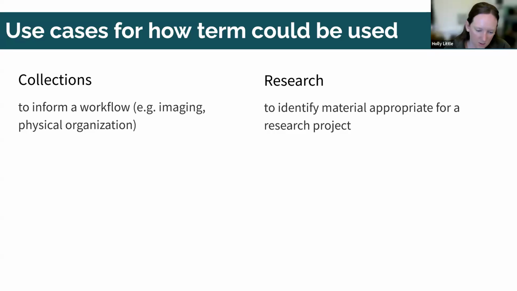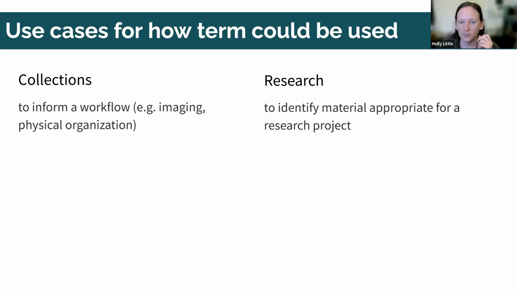So in a collection, you could imagine that having a more generic, but more specific than just a fossil object, term or vocabulary might be useful for planning workflows, planning physical organization, imaging, anything like that, because you would need different imaging techniques or different digitization processes depending on what the type of object is.